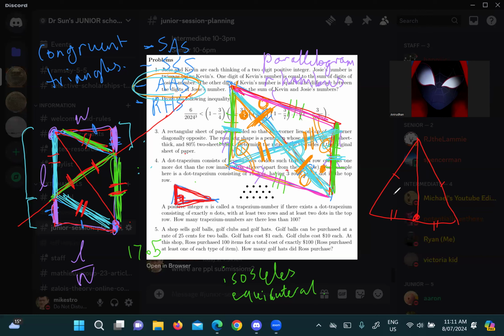It's a line of symmetry. And what else do you know about the line of symmetry? It cuts the two triangles so that they become right angle triangles. Yeah, they're 90 degrees. So this line is an altitude. Does that make sense?